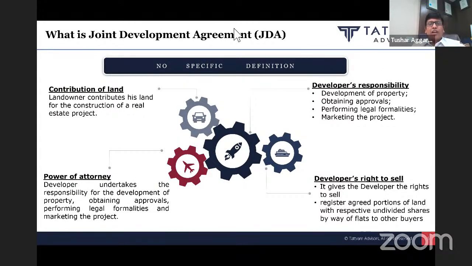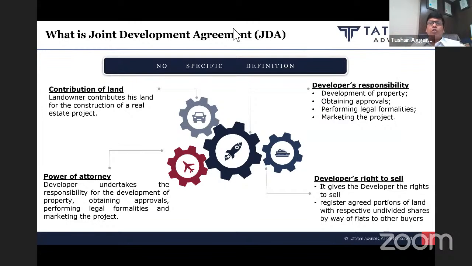Whenever a joint development agreement is drafted, you will see in the draft that it is specifically written that there are two parties. One is the landowner, second is the developer. Landowner contributes his land by way of giving development rights. The responsibility of construction, marketing, sale, everything is on the developer only.